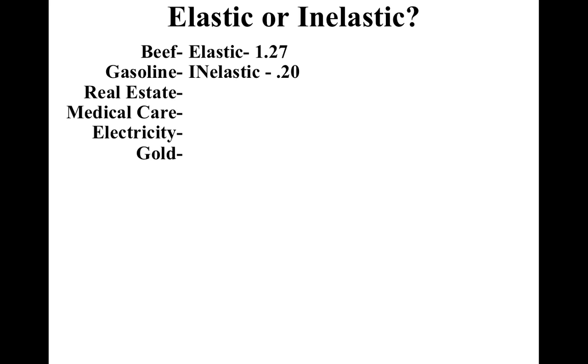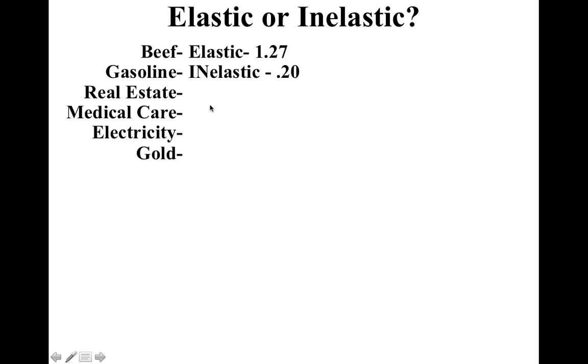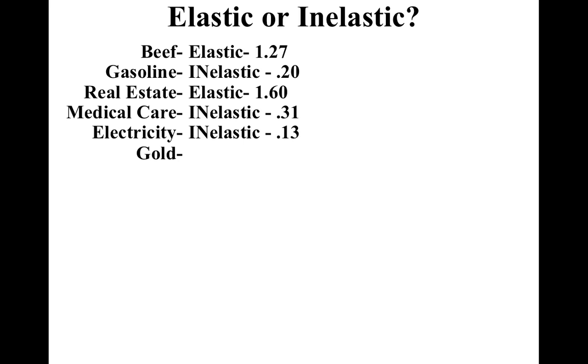So we can see here that gasoline is very inelastic, beef is pretty elastic, real estate is a little bit more elastic, medical care, again, very inelastic, electricity, even less elastic, gold, that's very elastic, 2.6.